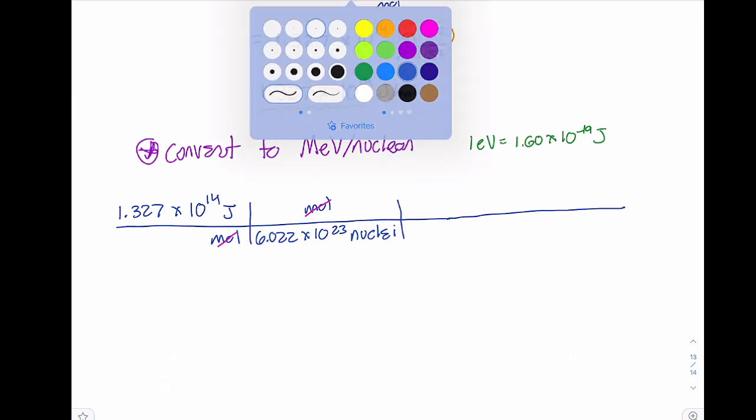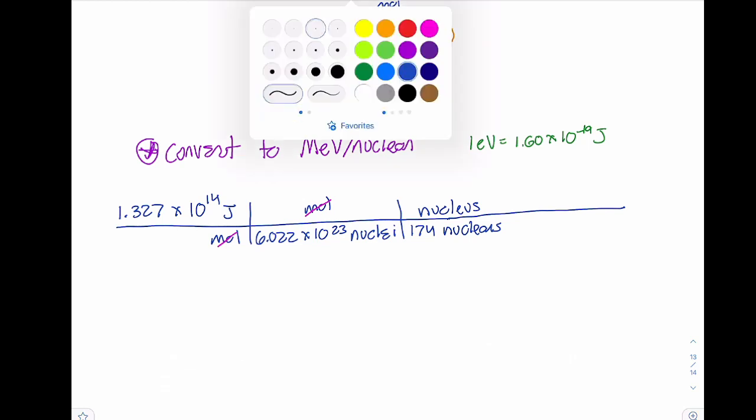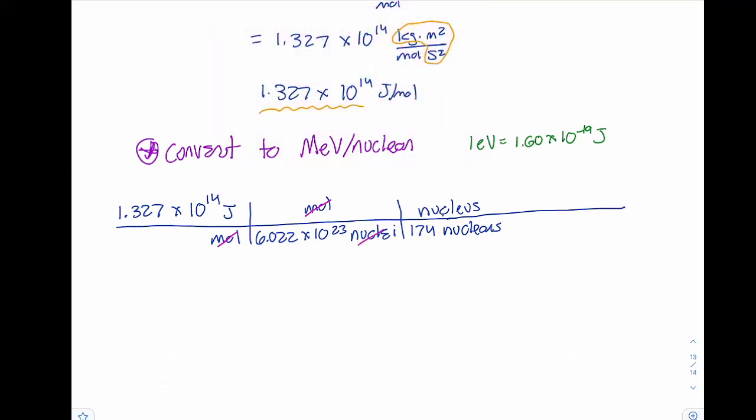Now that I have nuclei on the bottom, nuclei are going to go on the top. So I know I have 174 nucleons per nucleus, the singular of nuclei, so those are going to cancel. So I've now done the mole to nucleon conversion. I want nucleons on the bottom, and I have nucleons on the bottom, so we're done with that part.